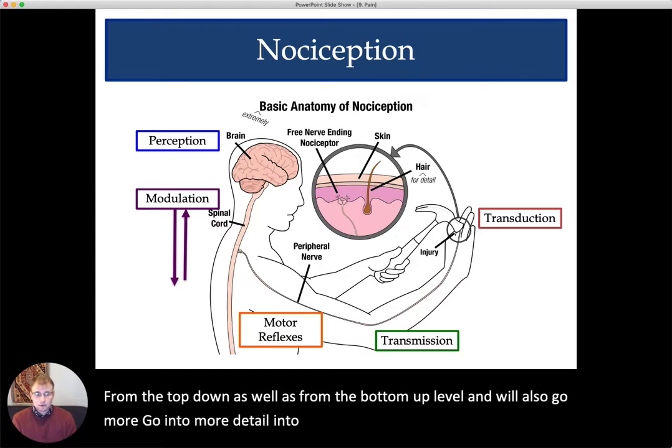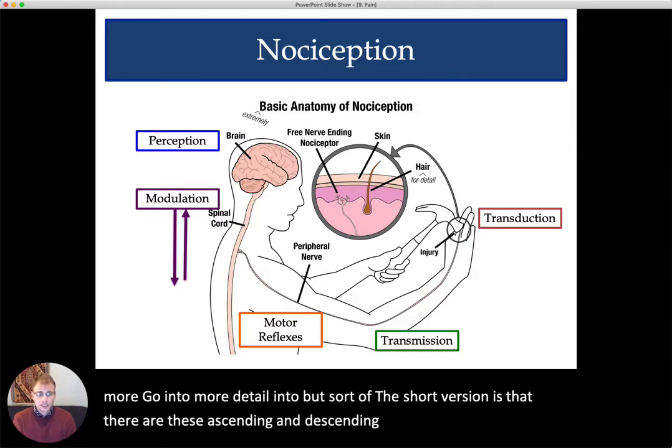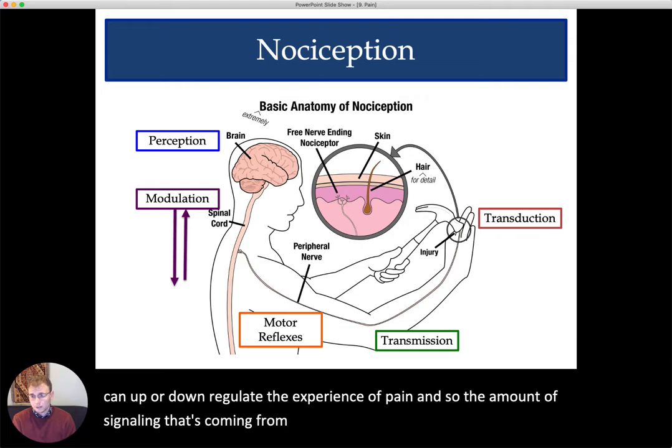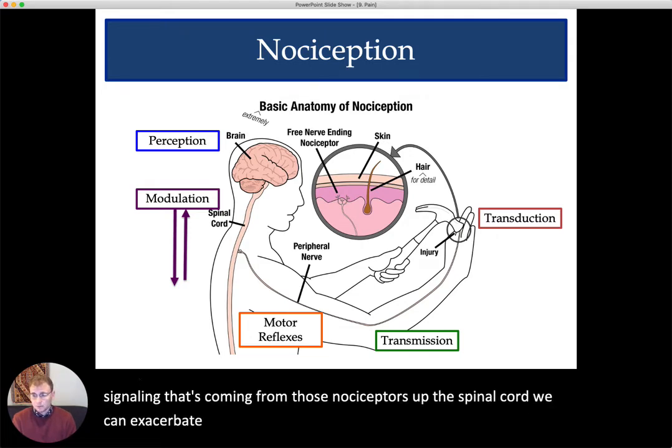But the short version is that there are these ascending and descending pathways in the brain that can up or down regulate the experience of pain. So the amount of signaling that's coming from those nociceptors up the spinal cord, we can exacerbate that and activate that more, or we can interfere with that and dampen that pain experience.